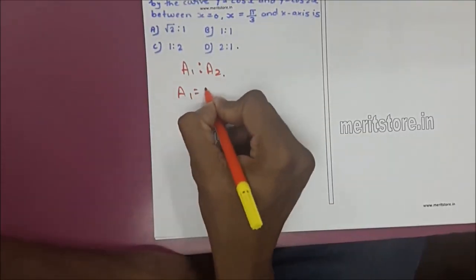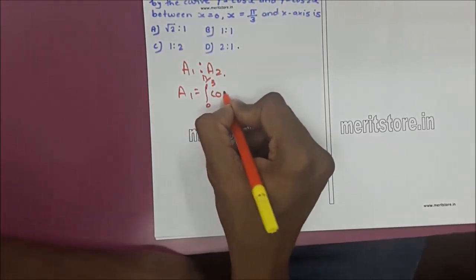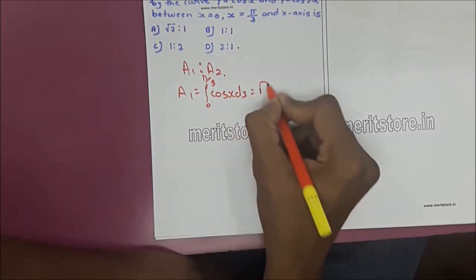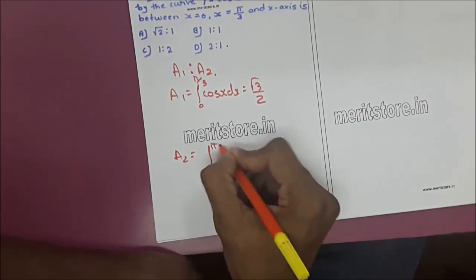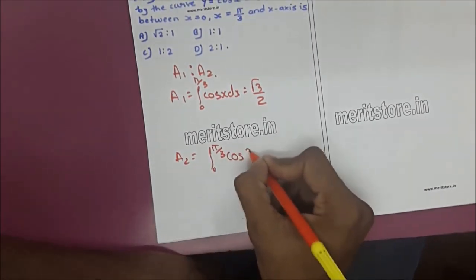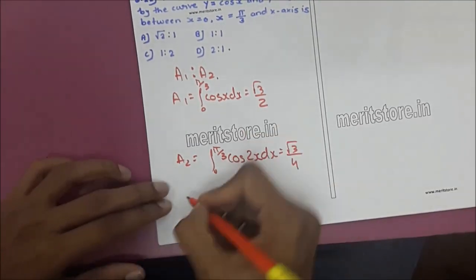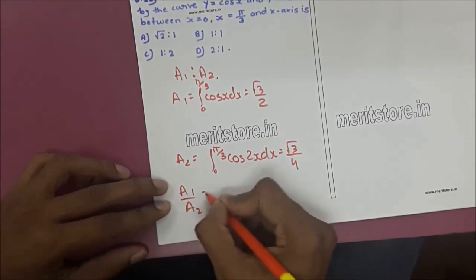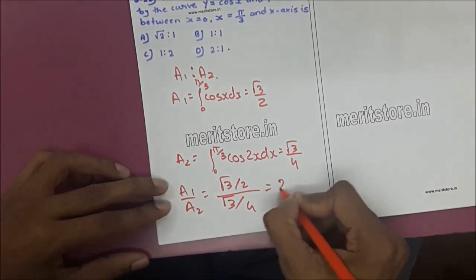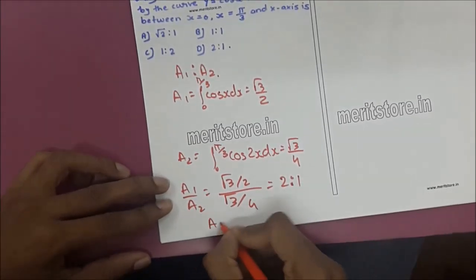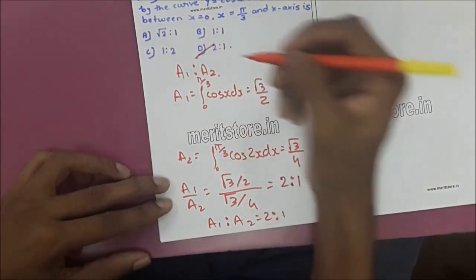I can take A1 as integral of cos x dx with limit 0 to pi by 3, which is equal to root 3 by 2. Same as A2, integral from 0 to pi by 3 of cos 2x dx, which I get as root 3 by 4. Taking the ratio A1 upon A2, that is root 3 by 2 over root 3 by 4, I get 2:1. That is A1 is to A2, 2:1, which is option D. Option D is the correct answer.